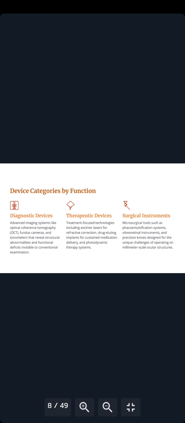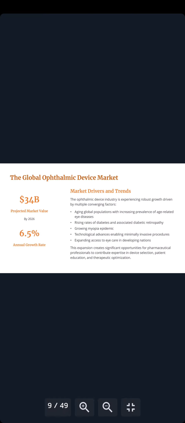And you have surgical instruments, microsurgical tools like the phacoemulsification system, I will show it to you, or vitreoretinal instruments, and some precision knives, little knives with a specific head to control the operation that should be done in millimeters, and that's very important.